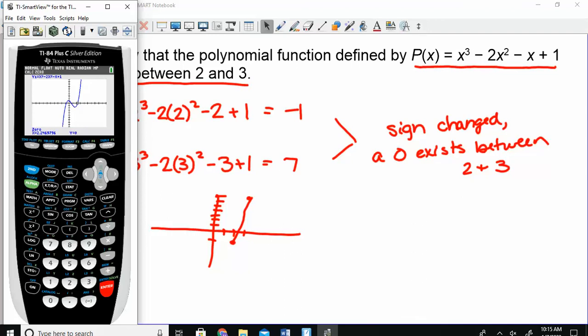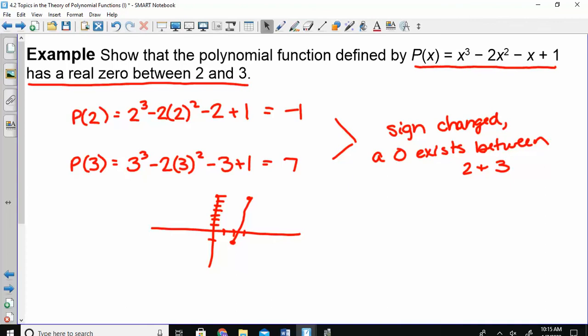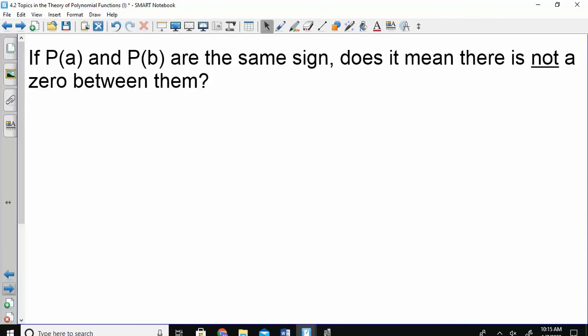So here is my next question. If those things are the same sign, so if they don't change signs, if I have a positive and a positive, does that mean that it doesn't equal 0 between them? No. Why? Okay.